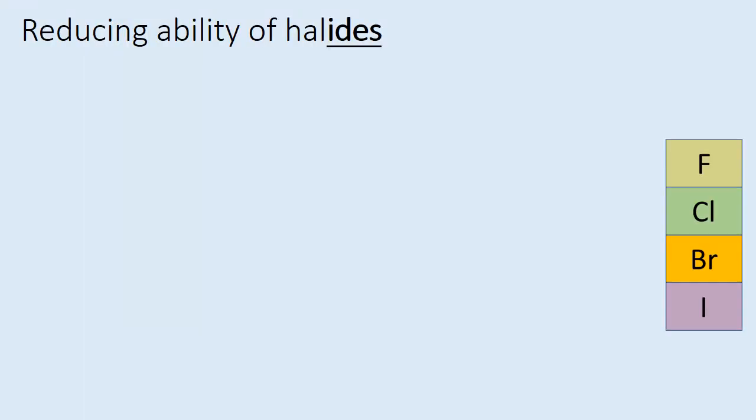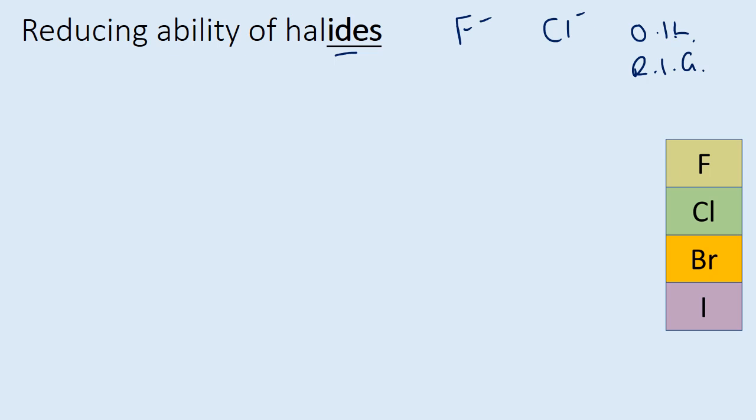Okay then, so let's have a look at this, the reducing ability of the halides. So we are measuring the ability of the halide, notice it's a halide, so we're focusing on the F minus, Cl minus, etc. They are halides, like fluoride, chloride. It's the reducing ability, so how good are they at giving electrons to something else? Because if you are going to reduce something, you are causing it to gain electrons.